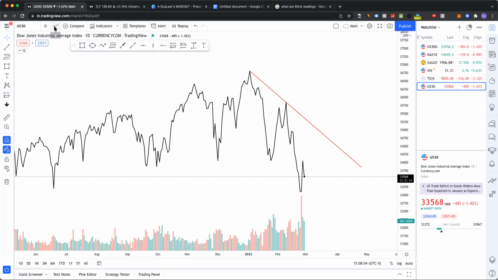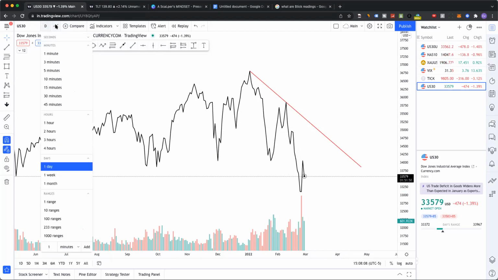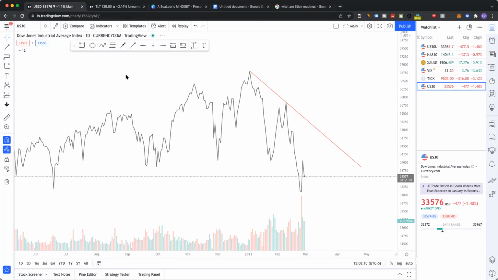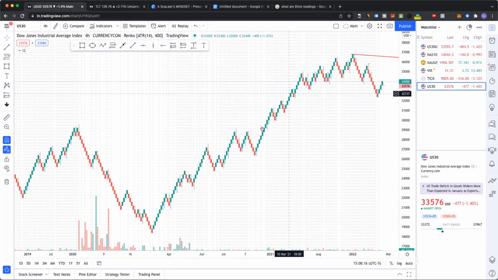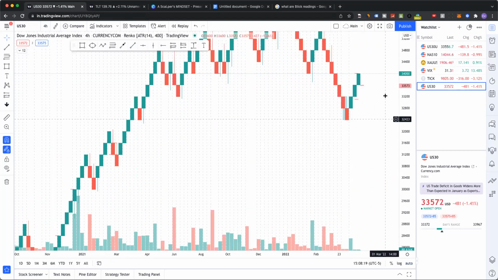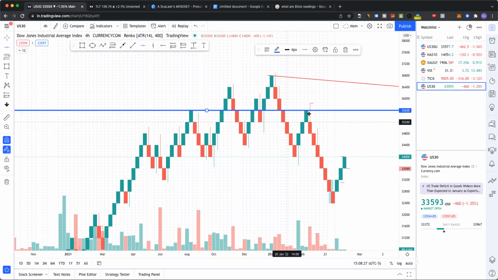Something else I like to use is Renko charts for SNR levels, because it gives me whole numbers. When I'm looking at my chart, I'm looking at whole numbers. We can see we have an area of resistance here.